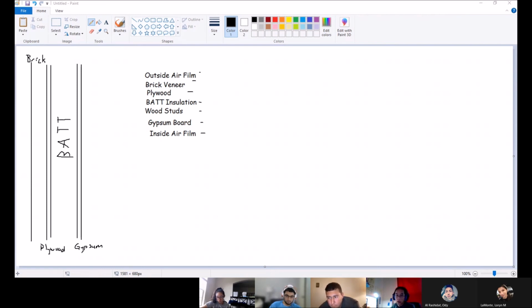But we have our bricks. Well, actually we have to do our outside air film first. So what do you use for your outside air film? You would look in your book under moving air, because outside there is wind, right?